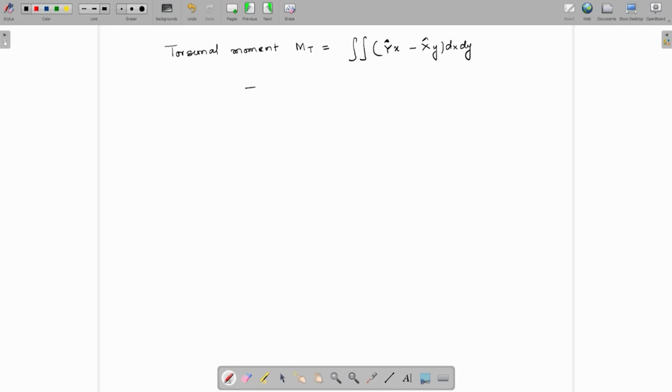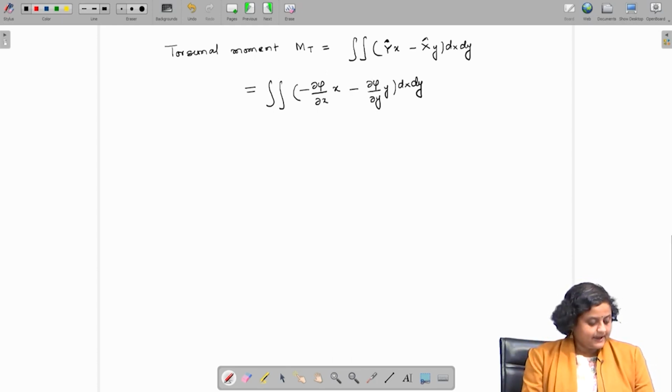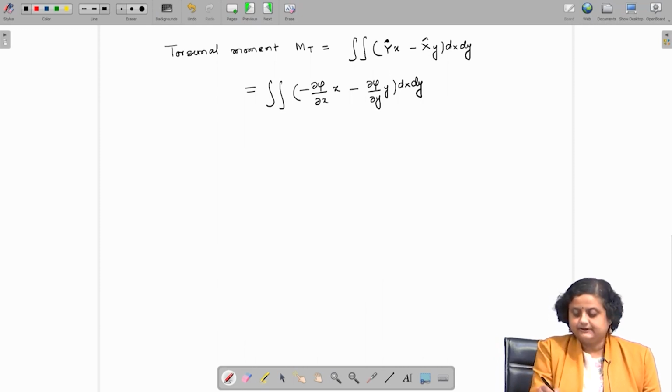Now, if I expand this, this can be written as minus, which can be further written as follows.